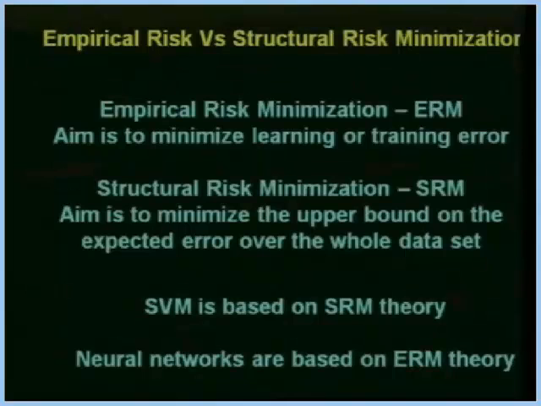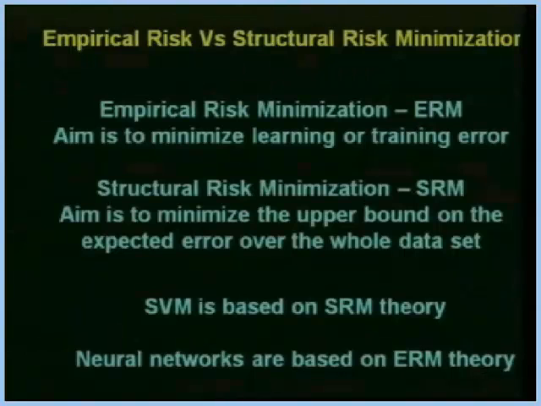The major difference between these two is empirical risk minimization, which aims to minimize learning or training error. The other one is structural risk minimization, which aims to minimize the upper bound on the expected error over the whole data set.